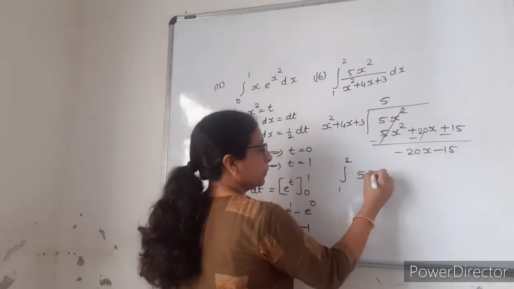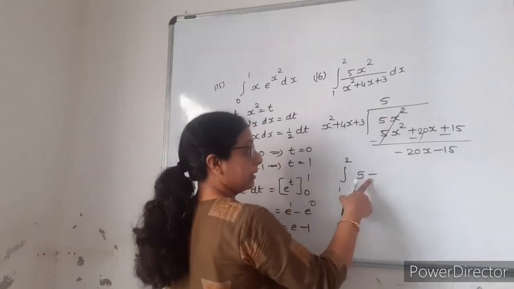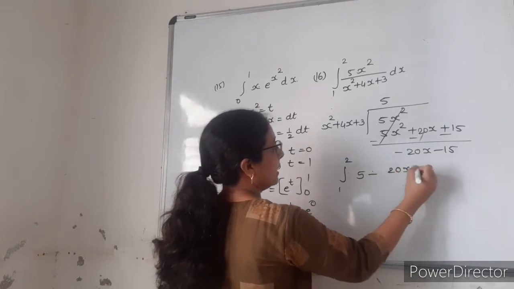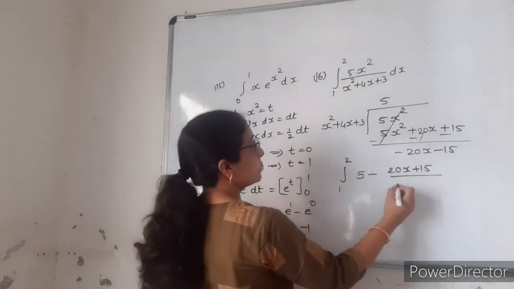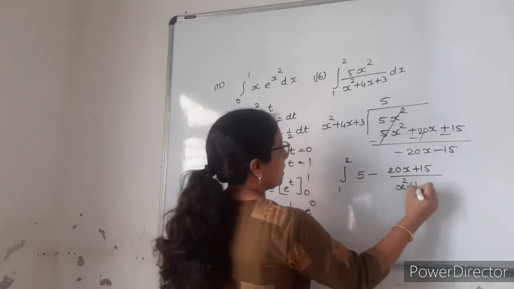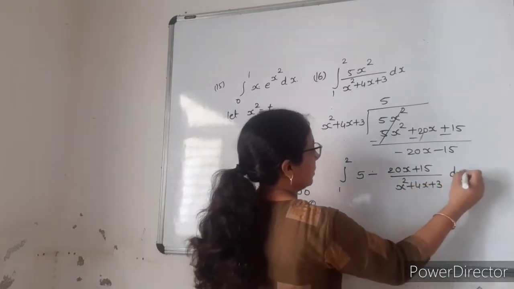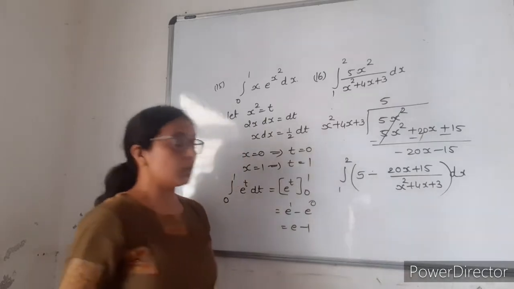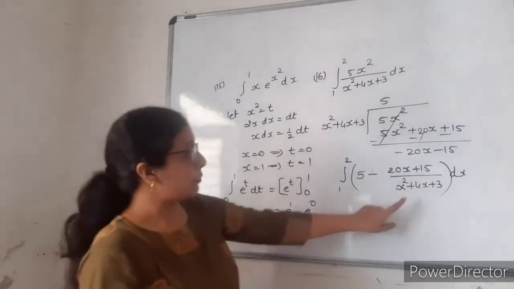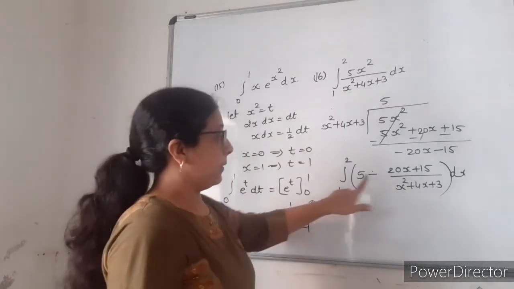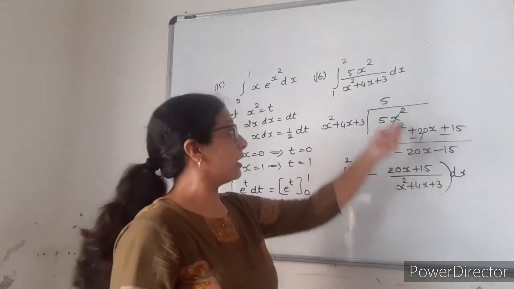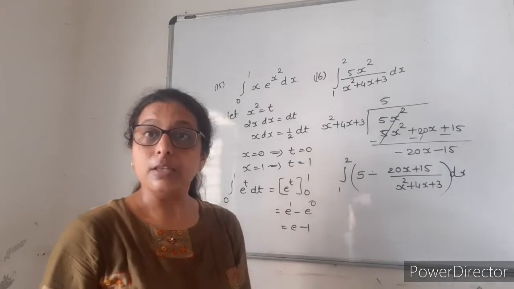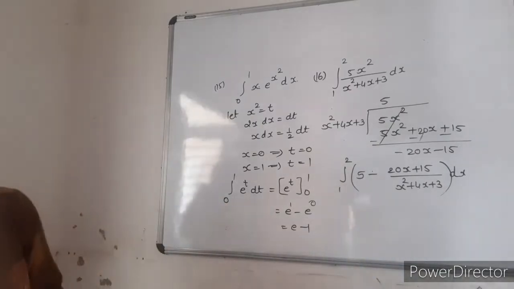Here 5 minus, I will take here, 20x plus 15 upon x square plus 4x plus 3 dx. Yes or no? Right? If you multiply, this is 5x square plus 20x plus 15 minus 20x minus 15. So again you will get this one only. That is how we have set the terms.